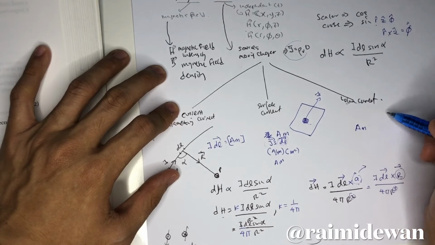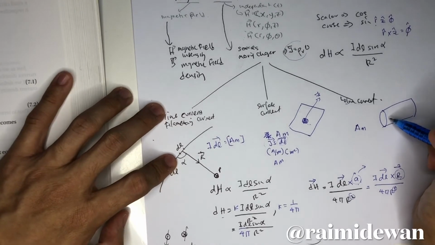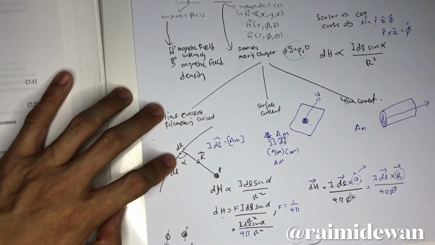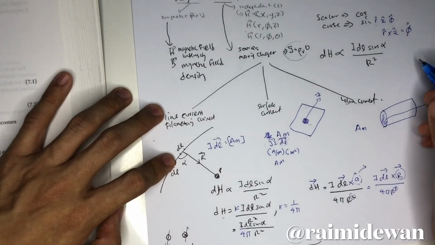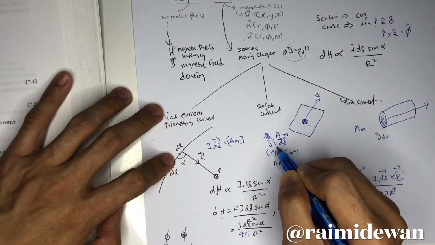The next one is, let's say you can have a cylindrical. This is volume. Volume means your cross section will be here, and the current flows. So for the J dV, this one is J dV.